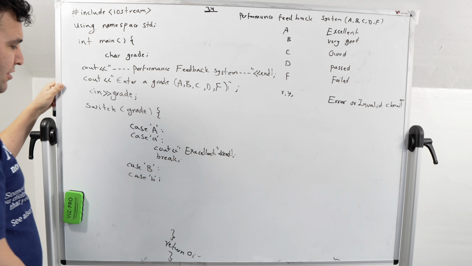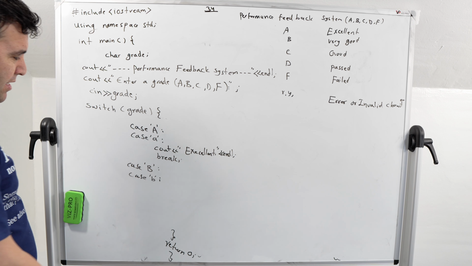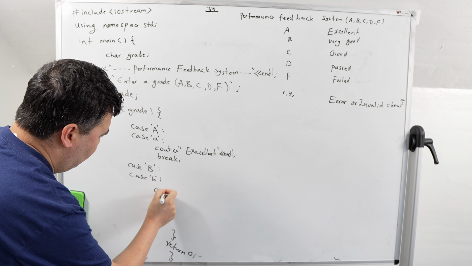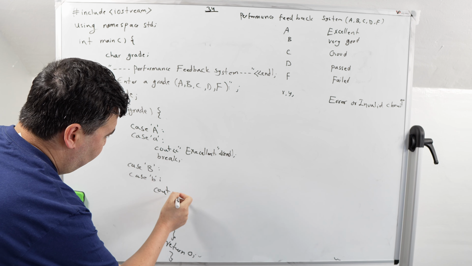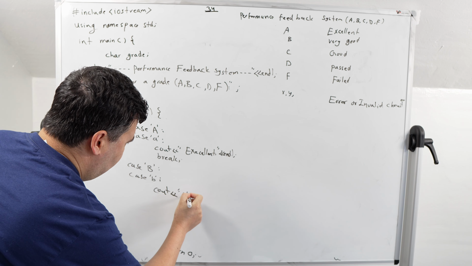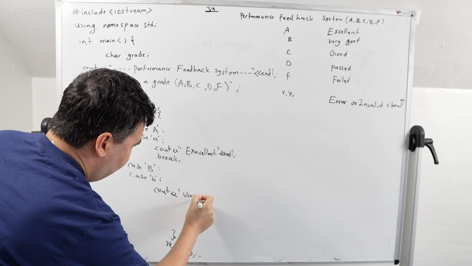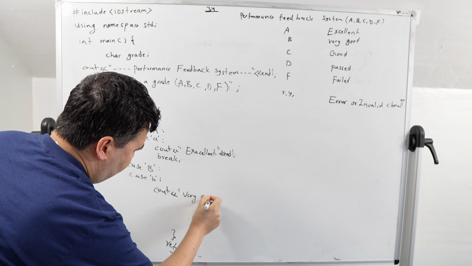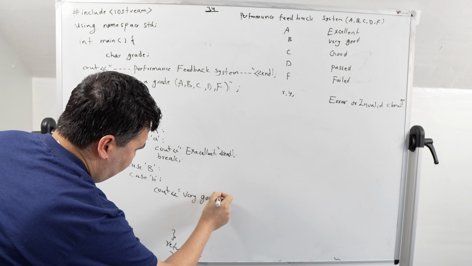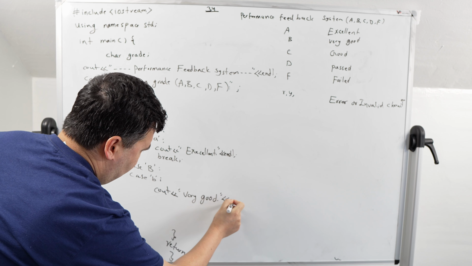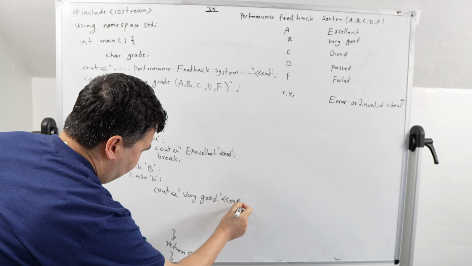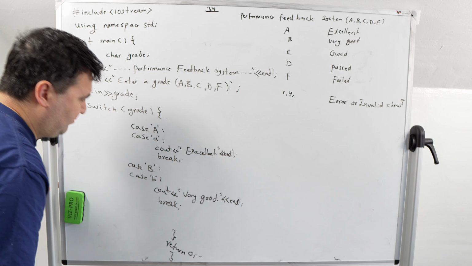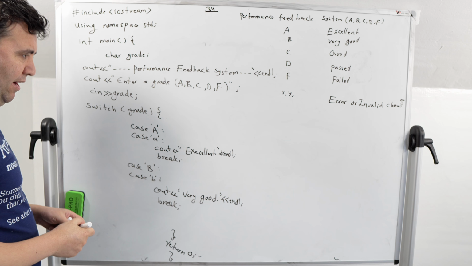So if the user enters B, either small or capital, we should cout very good, with quotation, endl. And then we break.